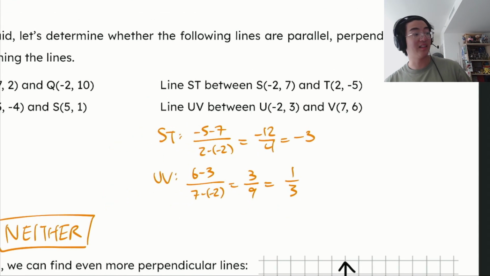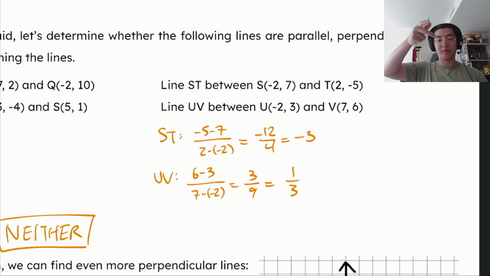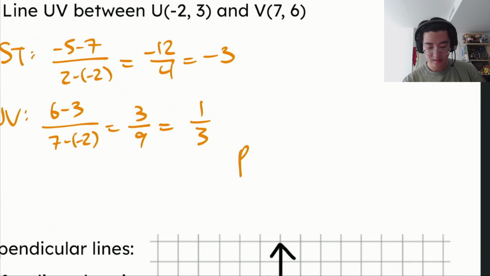Right, and look at that. That is a negative reciprocal, right? Because if we flip that upside down, 1 over 3 to 3 over 1, which is just 3, put a negative sign in front of it, same slope as ST. Right, so this tells us that those two lines are, it's a long word, perpendicular.